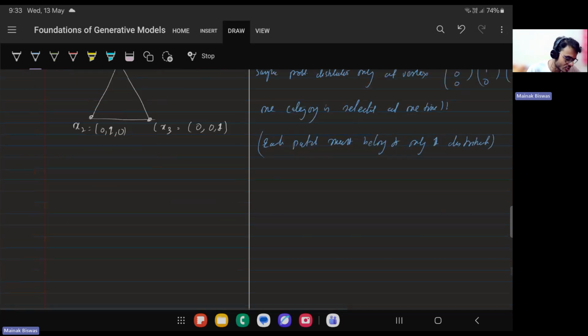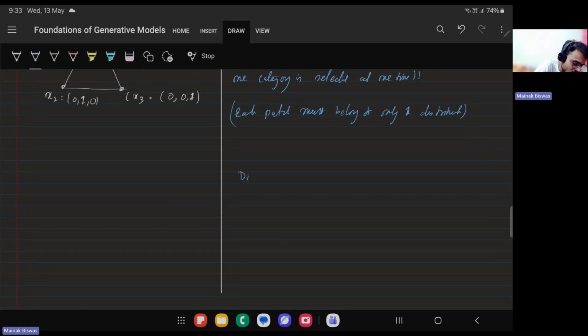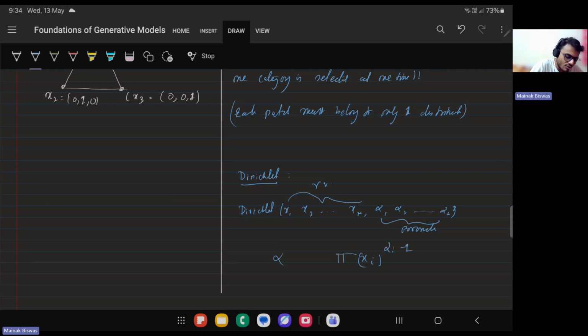So now what is a Dirichlet distribution? A Dirichlet distribution is a generalized beta distribution. For x1, x2, ..., xk, which are random variables, and alpha 1, alpha 2, ..., alpha k, which are parameters, it is proportional to the product of xi to the power alpha i minus 1, for i equal to 1 to k.